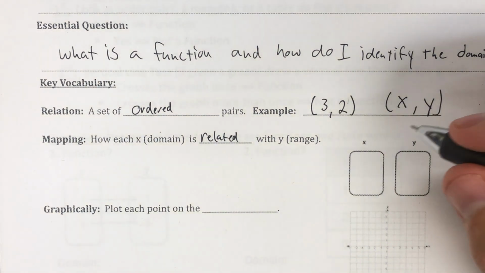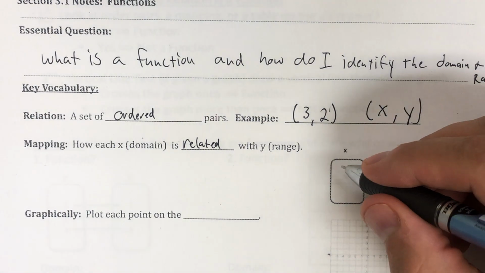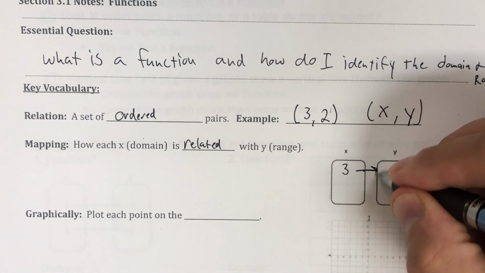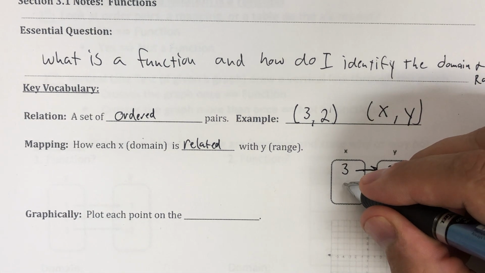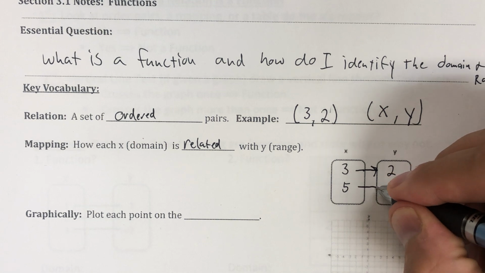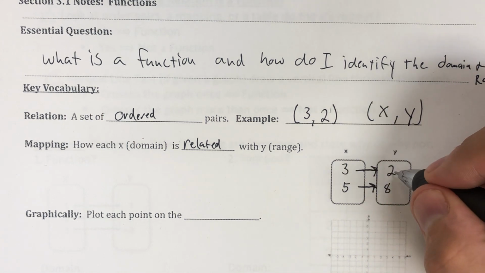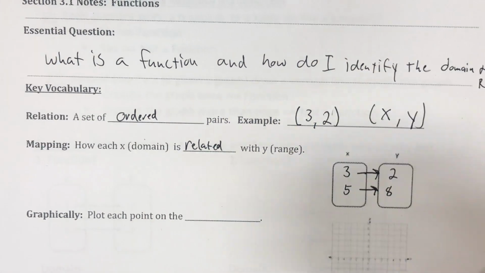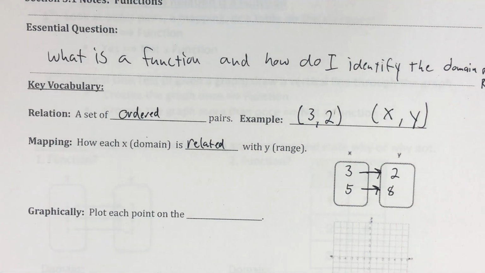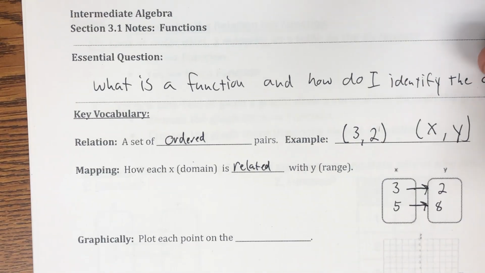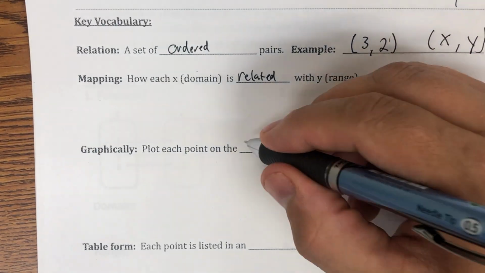So for an x value, we are going to end up with a y value. For instance, if x is 3, it could be mapped to y equals 2. X could be 5, and then y could be mapped to 8. So if x is 3, y is 2. If x is 5, y is 8. That is a mapping.